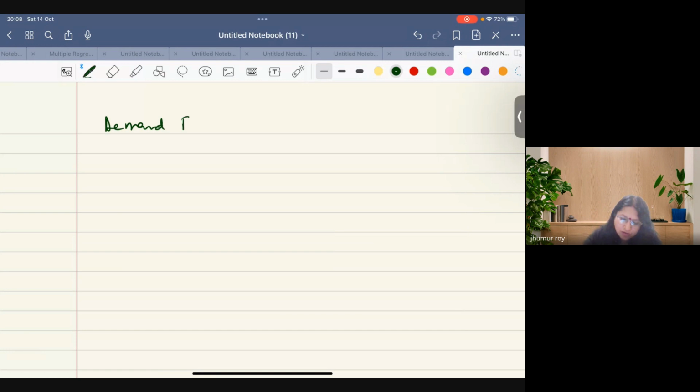So, demand forecasting that we talk about is a very, very important area of managerial economics. See, traditional economics does not talk so much about the demand forecasting techniques. It is under managerial economics that you really need to know about demand forecasting techniques.